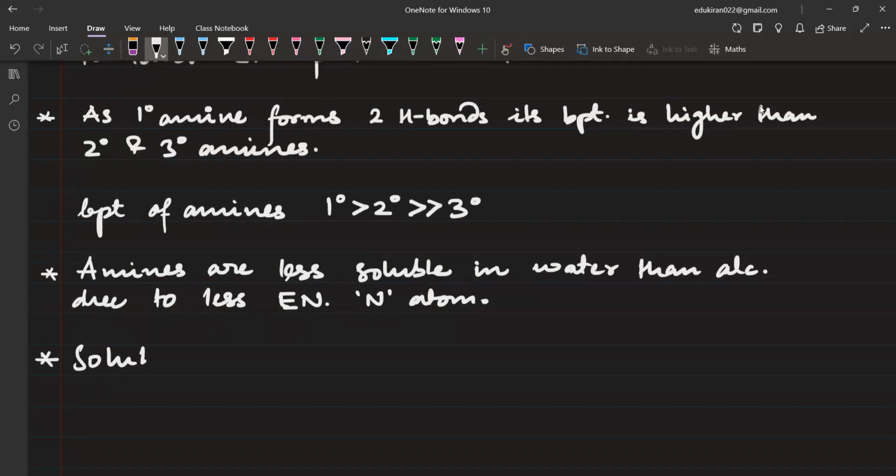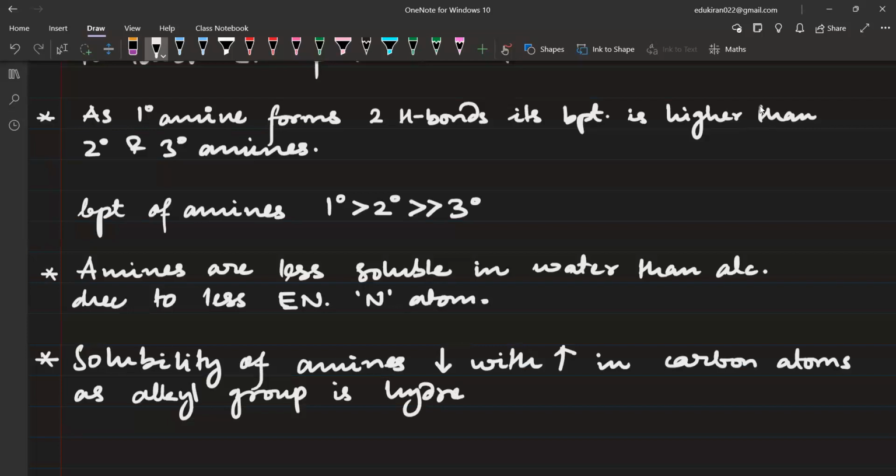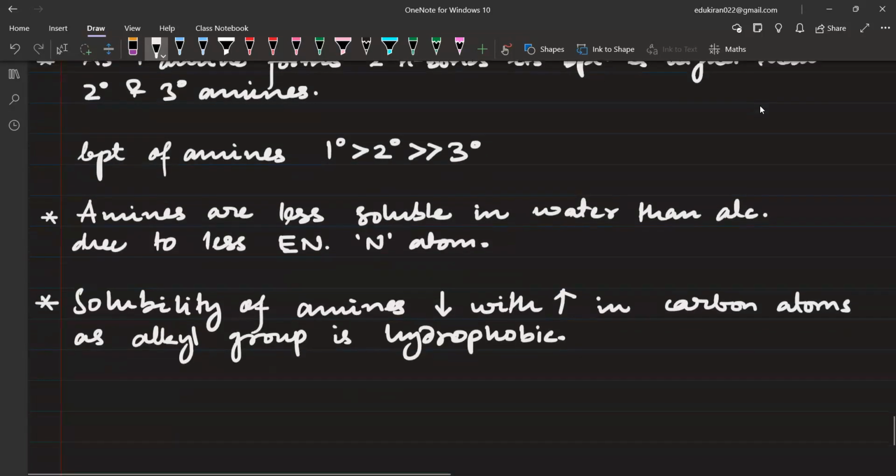Solubility of amines decreases with increase in carbon atoms as alkyl group is hydrophobic. Alkyl group is hydrophobic.